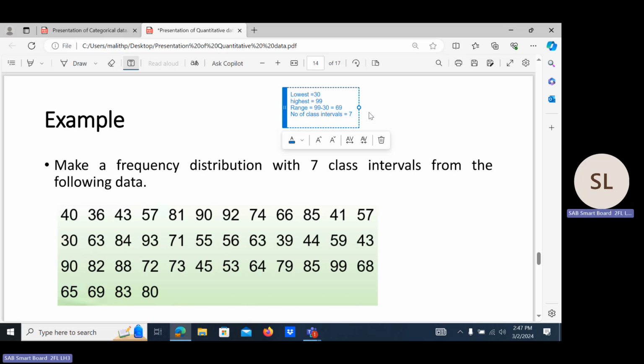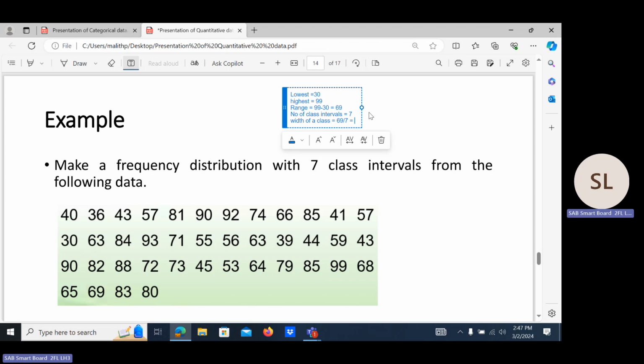Okay, then we can now calculate the size of the class interval or width of a class. How to calculate the width of a class? Range divided by number of class intervals.